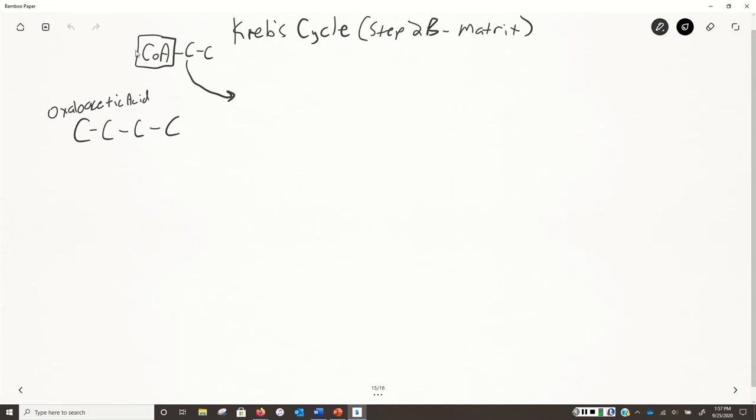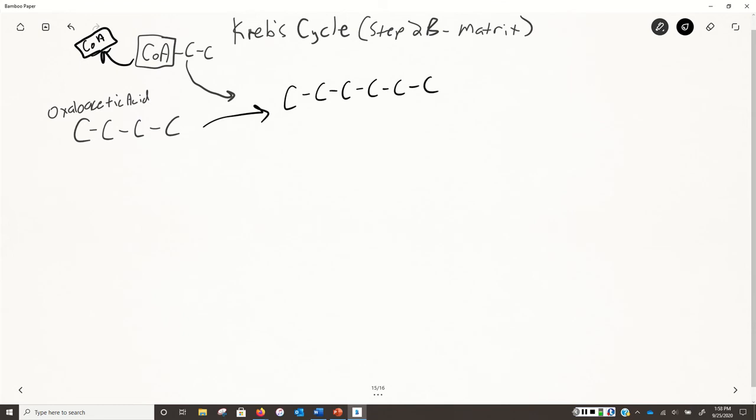And like a good chaperone, this coenzyme A is going to pass this 2-carbon compound off to oxaloacetate, and then the coenzyme A will leave to go do the exact same thing again. What happens to that 2-carbon compound? It is attached to the oxaloacetic acid to produce a 6-carbon compound.